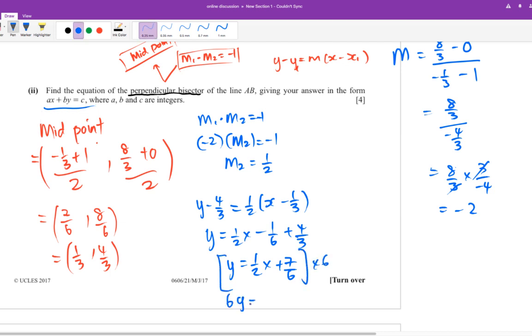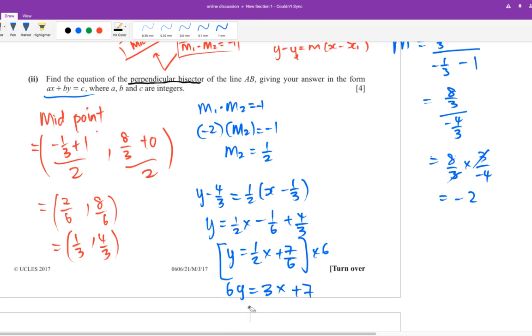So I have 6y equals 3x plus 7. They want the x first, so I just move the 6y: 3x minus 6y equals negative 7. Done.